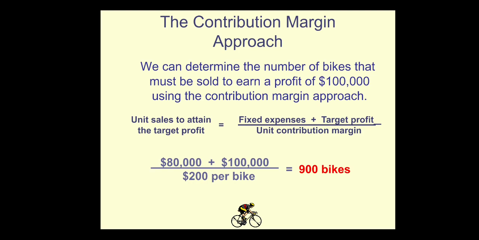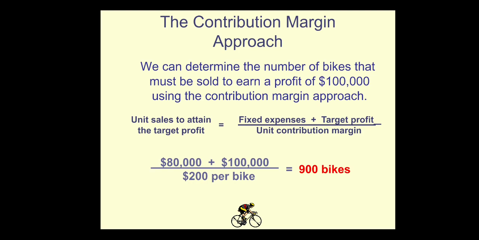The question or the scenario is the same. How many bikes or bicycles does the business have to sell to achieve $100,000 of profit? If you use the contribution margin approach, this is the way to calculate the quantity related to the target profit.